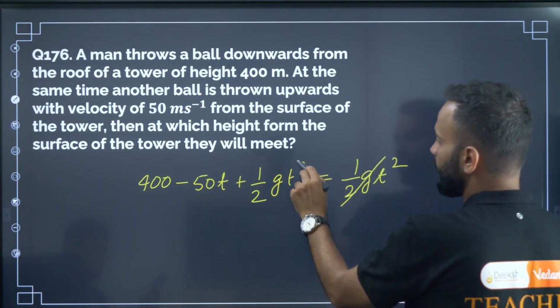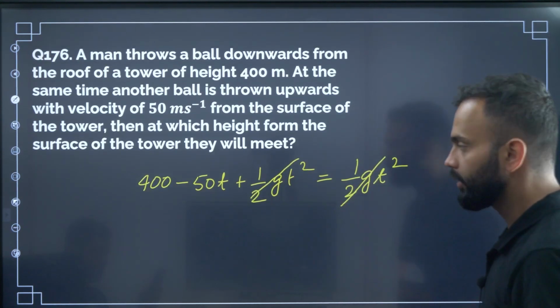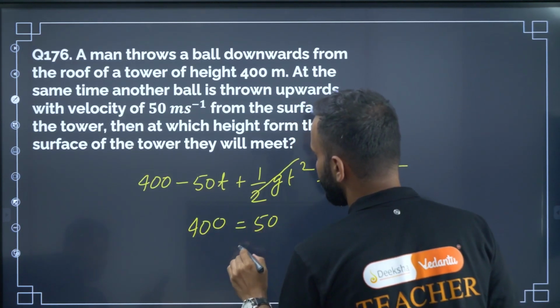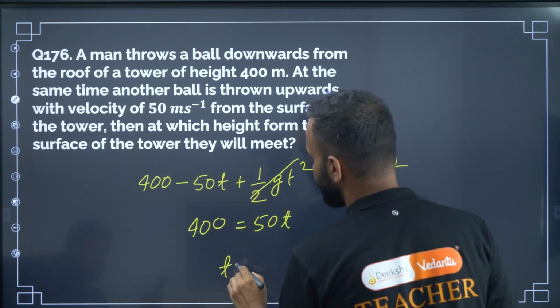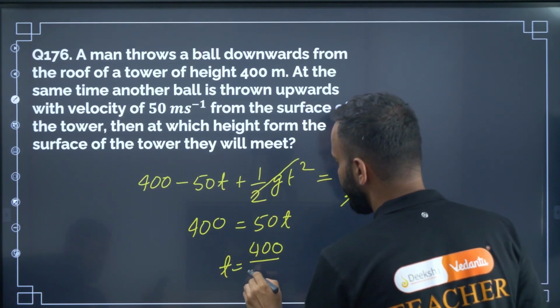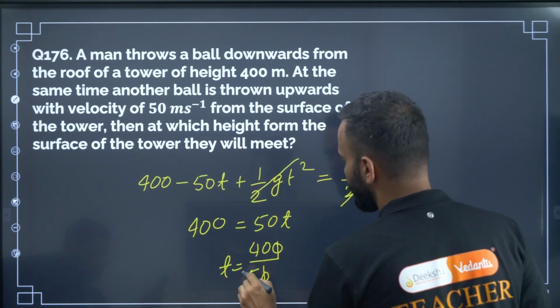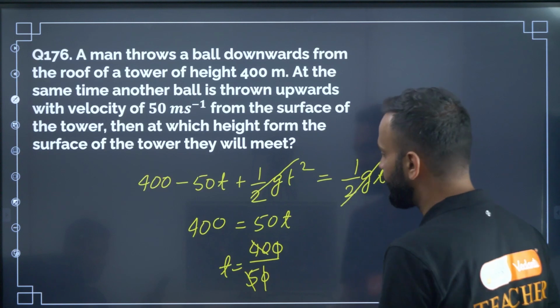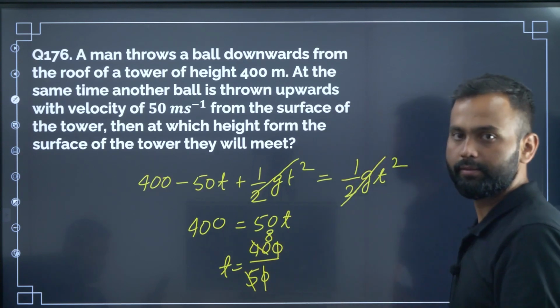So half gt² will get cancelled, right? So 400 is equal to 50 into t. So t is equal to 400 divided by 50, which will be 8, right?